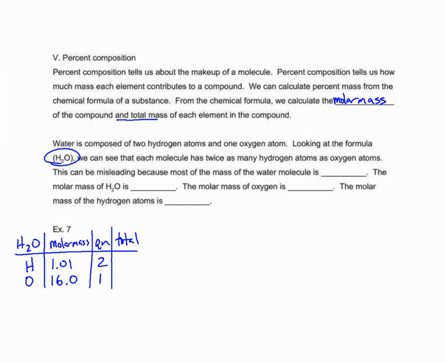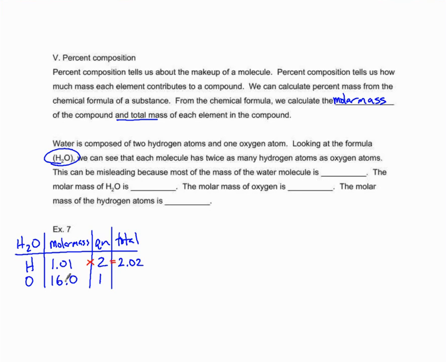Now remember what we're doing here. We're basically looking at 1 row at a time, and we're multiplying these 2 numbers together to get a total. So hydrogen has a molar mass of 1.01, and there's 2 of them, and so the total mass of hydrogen, let's leave it as a number, 2.02.